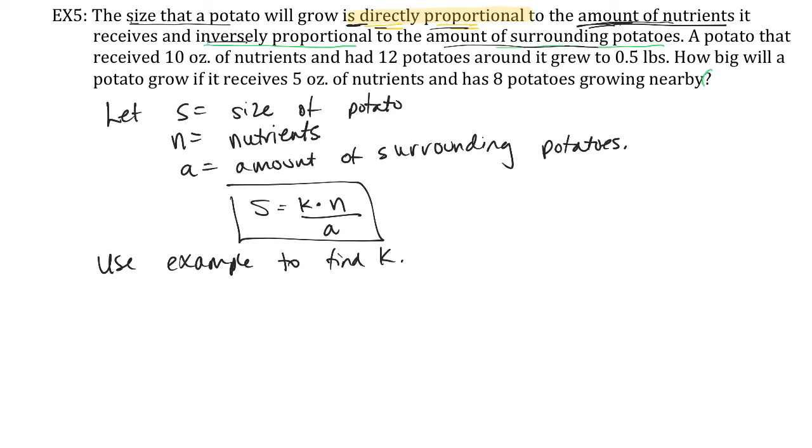Okay, to get myself organized, I'm going to go to that equation or equal or question mark. What am I trying to find? Here we go. How big will the potato grow if it gets a certain amount of nutrients and has 8 other neighbors pulling nutrients out from the soil around it? Okay, so I know I'm going to want to know the potato.